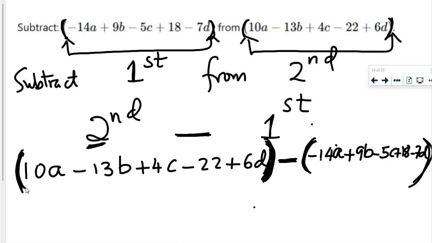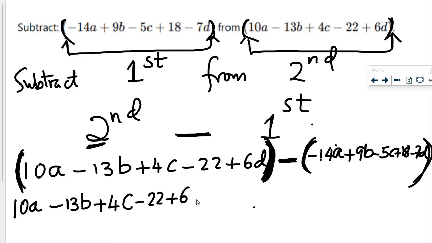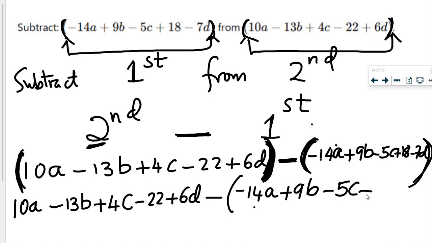So copy pasting this one without brackets, it will be 10a minus 13b plus 4c minus 22 plus 6d minus this bracket, don't omit, so minus 14a plus 9b minus 5c plus 18 minus 7d, and then close bracket.